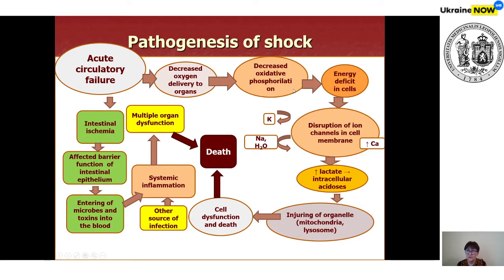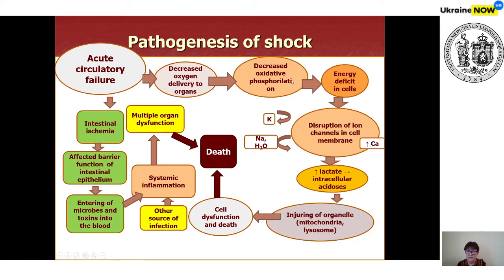This can lead to energy deficit in cells, disrupting of ion channels in the cell membrane, and as a result, accumulation of lactate and intracellular acidosis develop. This can result in injury of organelle functions such as mitochondria and lysosomes, so cell dysfunction and death can lead to death of the patient.